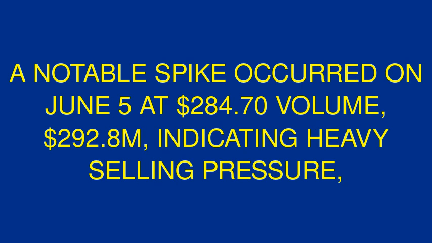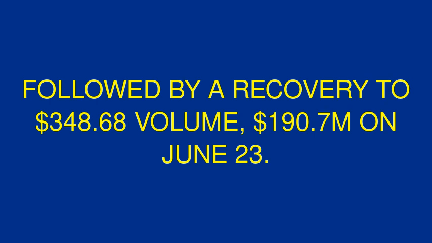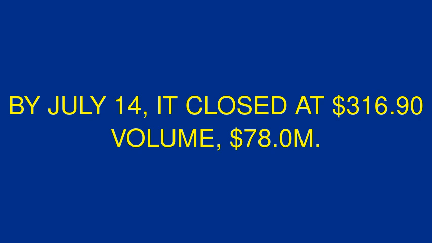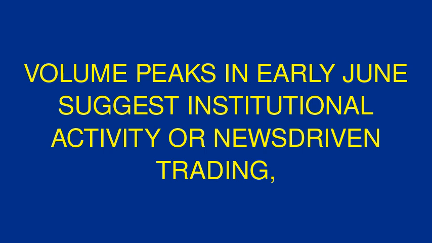A notable spike occurred on June 5th at $284.70, volume 292.8M, indicating heavy selling pressure, followed by a recovery to $348.68, volume 190.7M, on June 23rd. By July 14th, it closed at $316.90, volume 78.0M. Volume peaks in early June suggest institutional activity or news-driven trading.